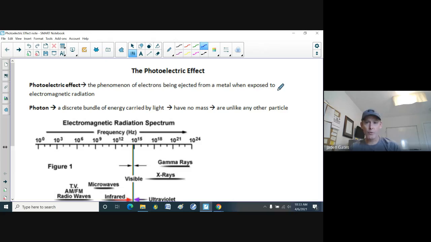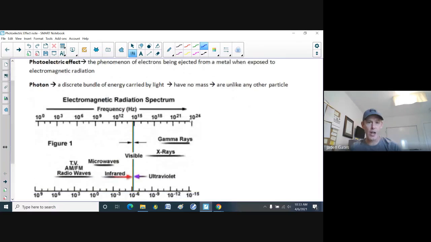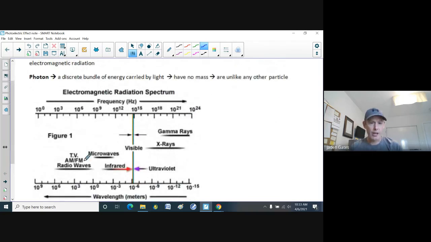Now, electromagnetic radiation, on the other hand, that's nothing new. And here's the spectrum of all the different types of electromagnetic radiation. So we have TV, AM radio waves, microwaves, infrared rays, and then in this tiny little sliver here is visible light. Then after it is ultraviolet light. We have X-rays, we have gamma rays.